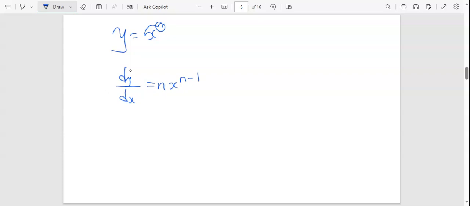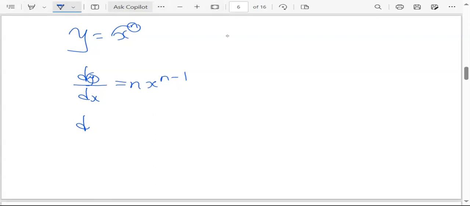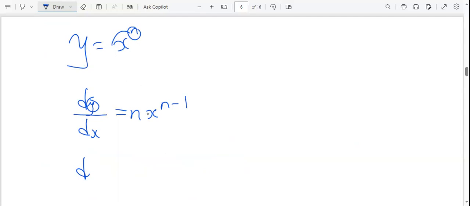So in short, we know that y is equal to this. So we'll replace it with x to the power n like that, then over dx.